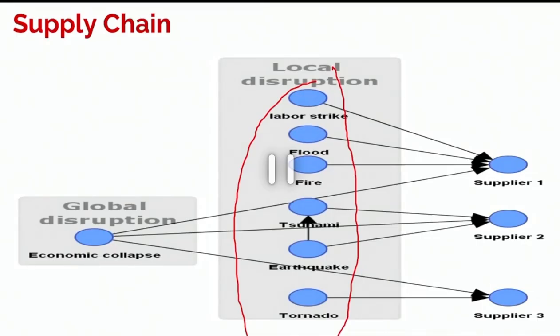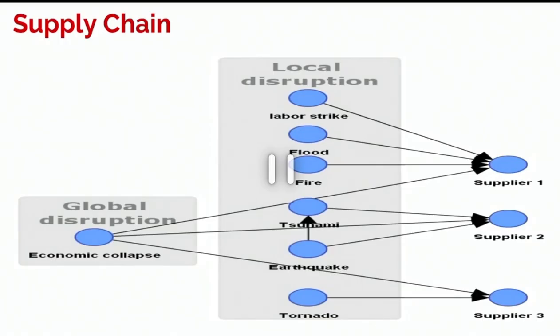But different kinds of those can affect different kinds of suppliers. So when you take a look at what I have, if I actually want to talk about supplier 1, or supplier 2 or supplier 3, of course, I can use the idea of a probabilistic graphical model because it's a network right now.